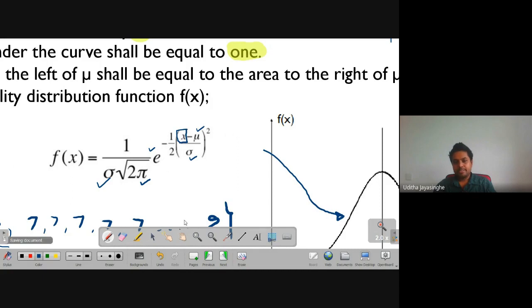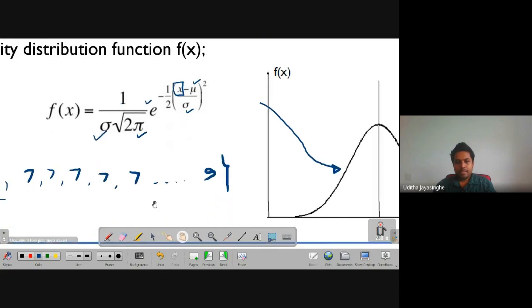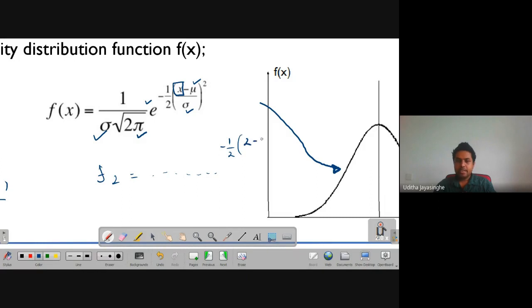So that means, students, if you try to apply it for f(2), you can write all these parts, and in this particular part you can replace 2 minus mu, let's say mu is 1.5 or something, and standard deviation is 0.5.